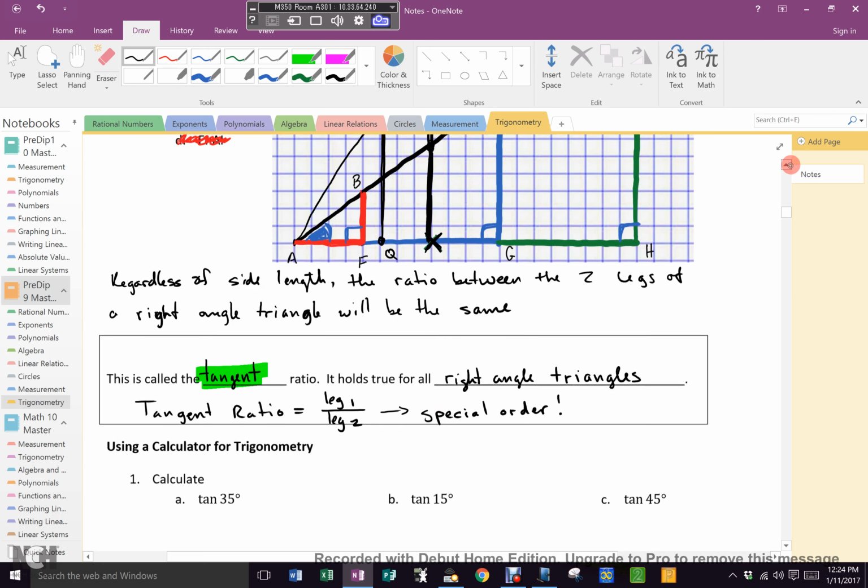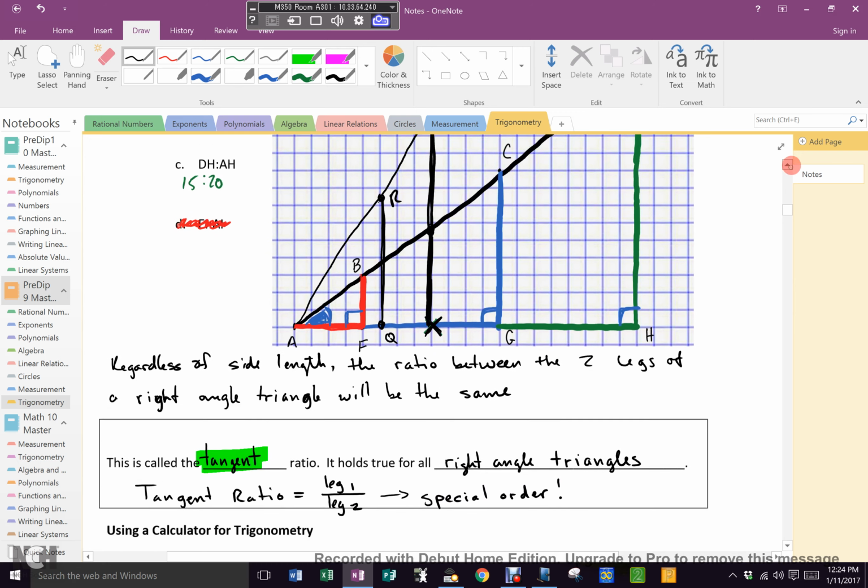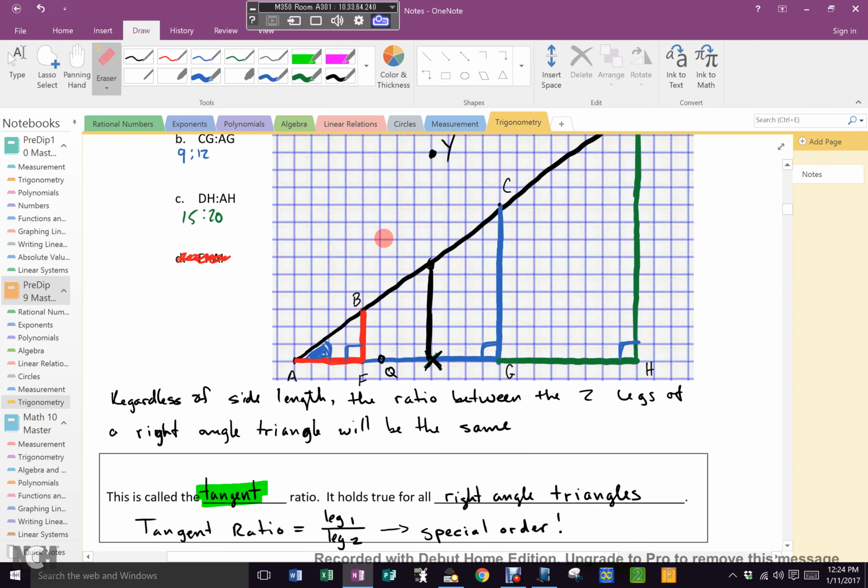Okay? Look back here at our graph. I'm going to erase the extra stuff that I used to just explain my point. What went first? The vertical or the horizontal line in the tangent ratio? When we made it, it was 3 over 4, 9 over 12, 15 over 20. What did I use first every time?